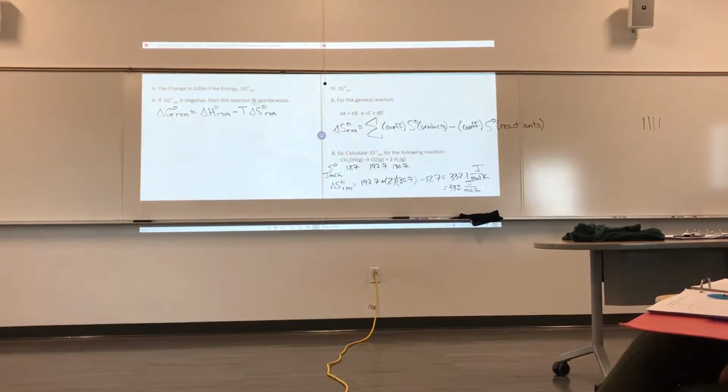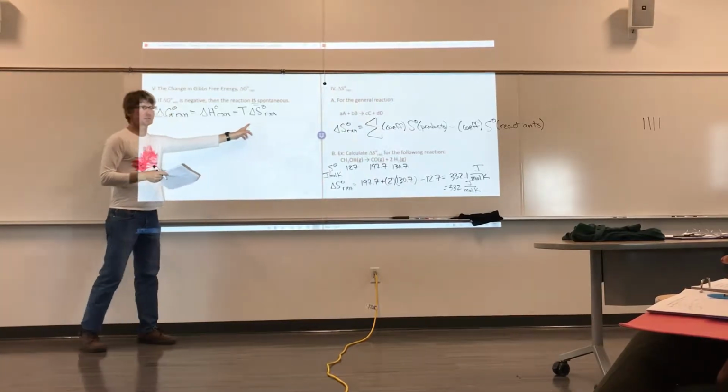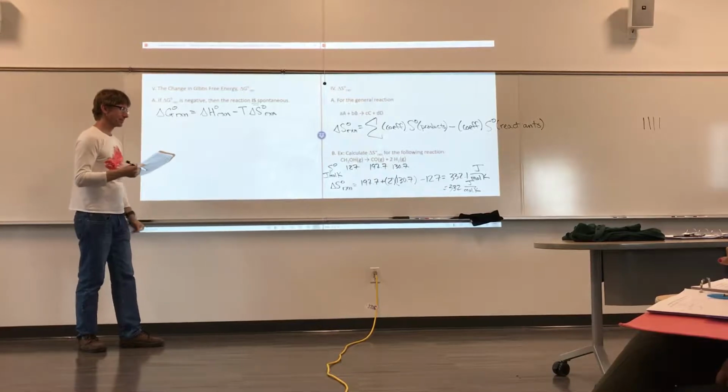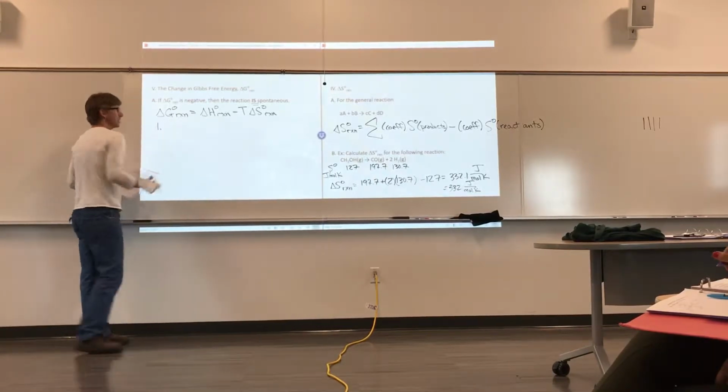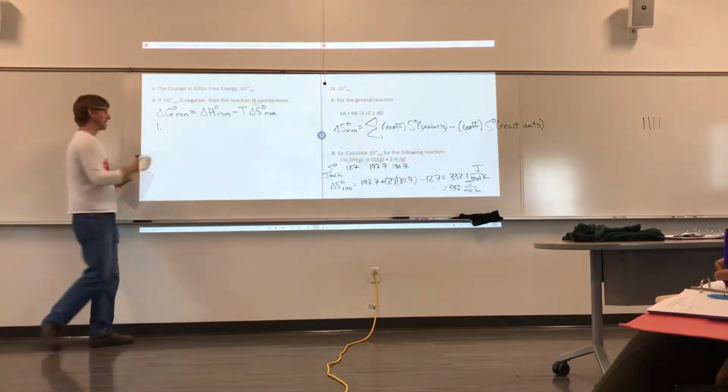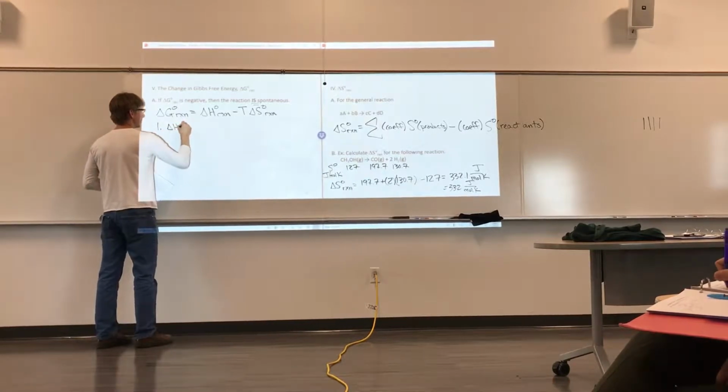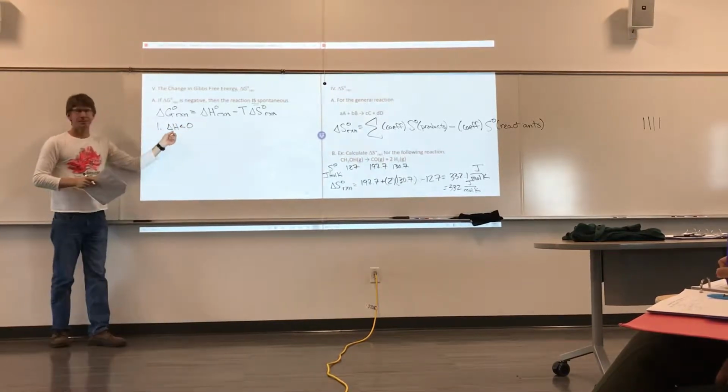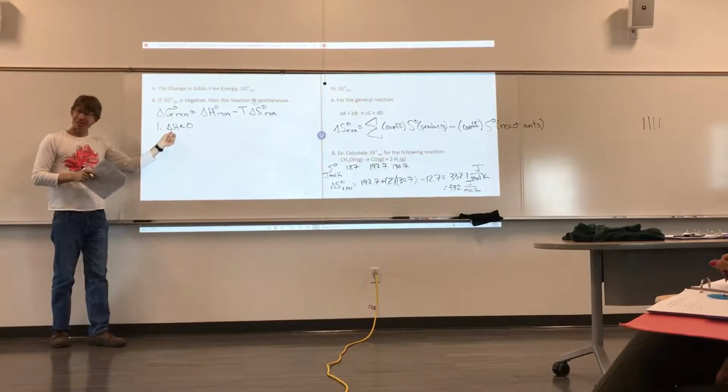And so if your question is how come delta G, the change in Gibbs free energy, is the be-all, end-all of spontaneity, it's because it combines the other two trends. That's pretty much what it does. So to review, delta H less than 0 tends to be spontaneous.